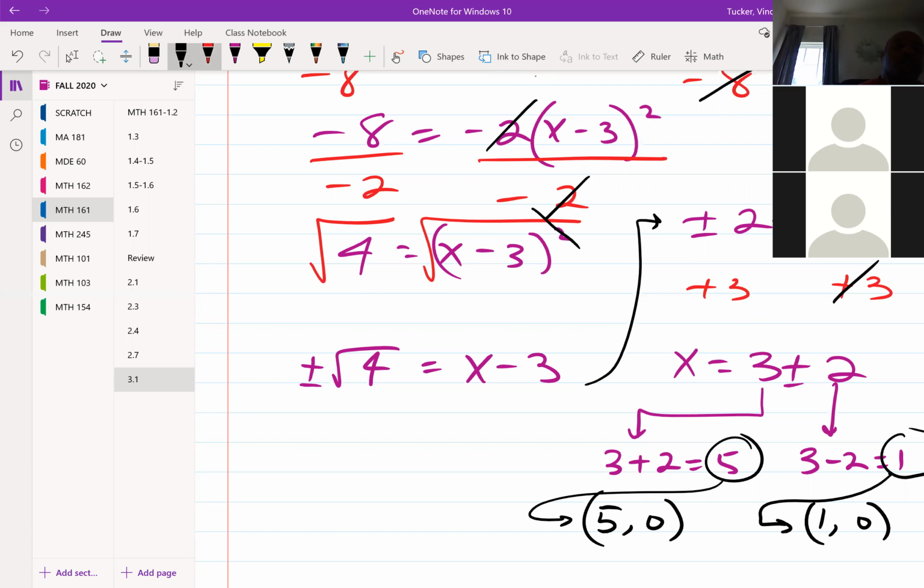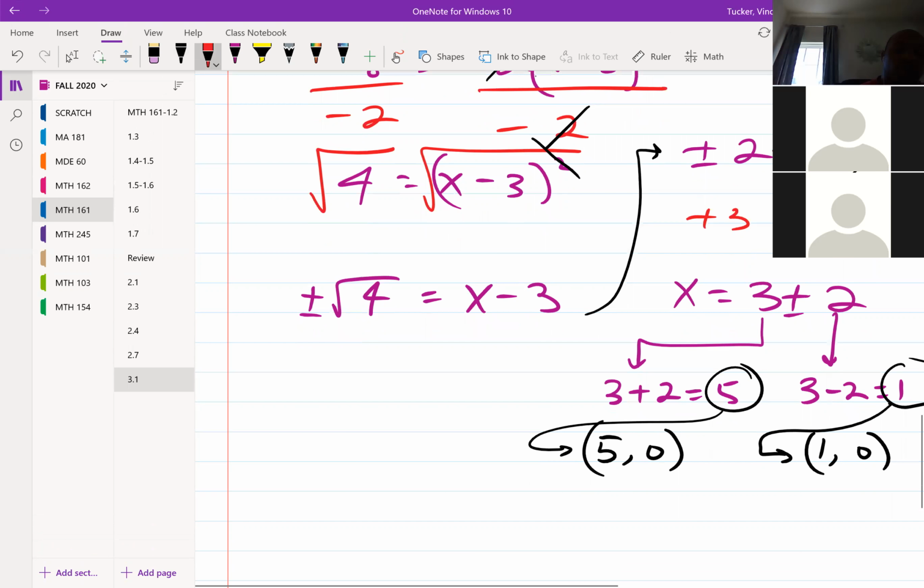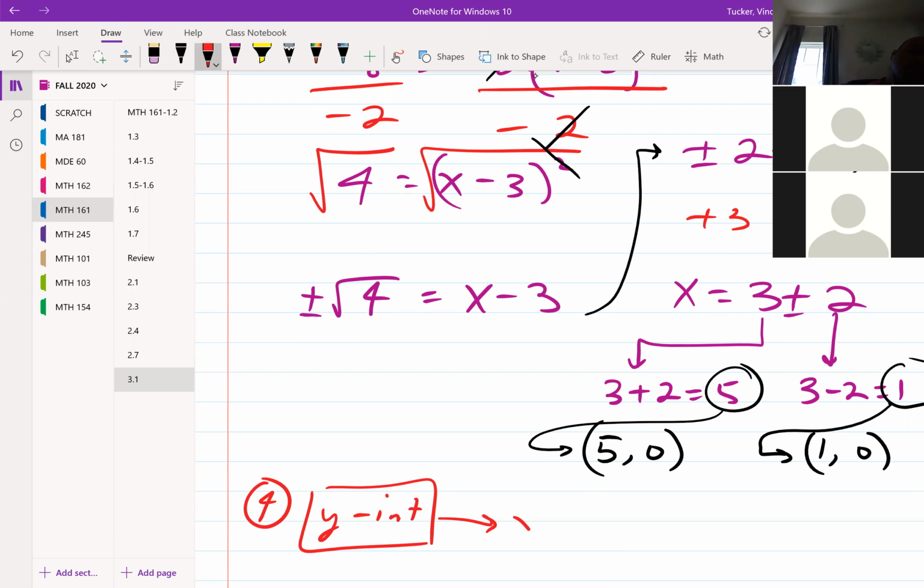All right, questions before we look at 4. We're going to find the y-intercept. So for your y-intercept, that means x is equal to 0.